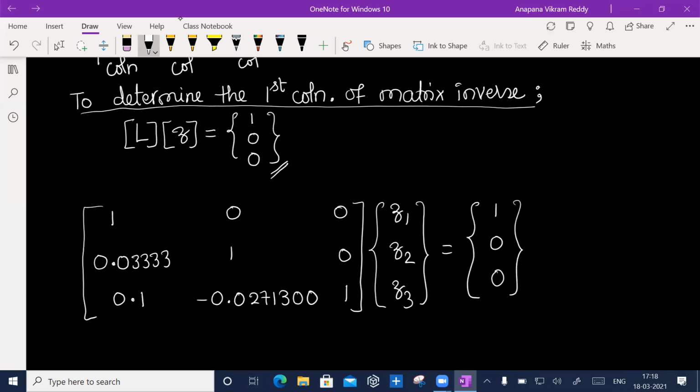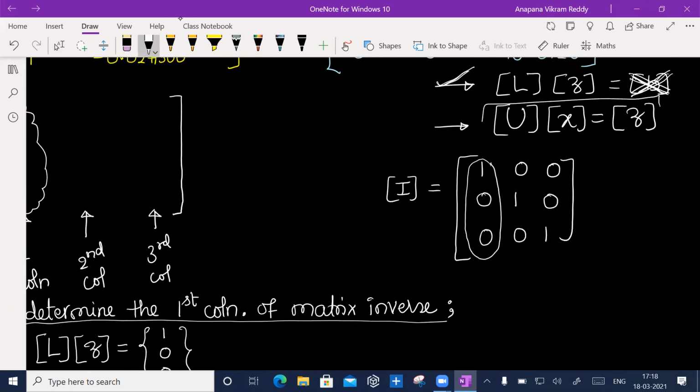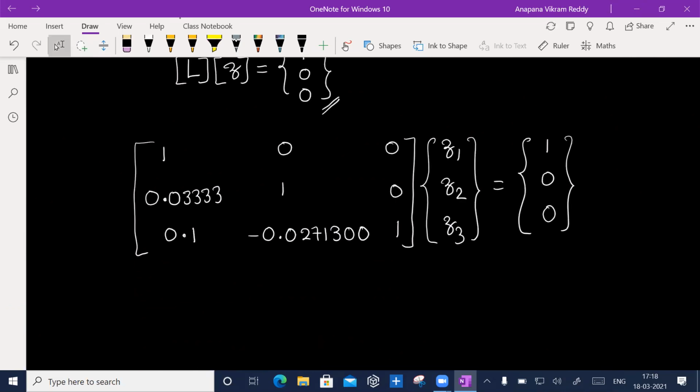You try to find Z1, Z2, Z3, and then plug that into UX equal to Z, then find X from this. If you do so, you must get the first column of the matrix inverse. That's it. You can tell this to your computer and code it, so the computer takes care of it. Manually it may take some decent time, but in a computer program it is very simple. You have to make it an algorithm.